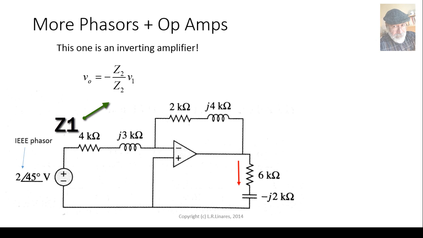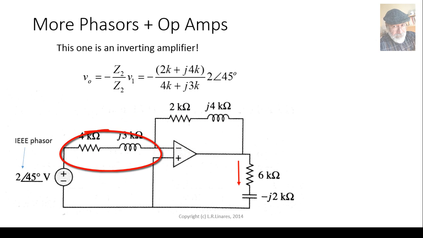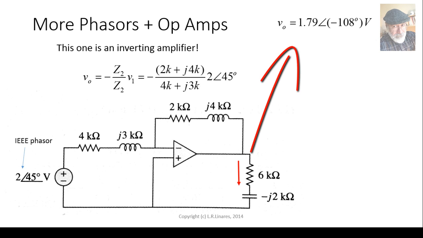Z2 over Z1. That is negative 2 kilo plus j4 kilo divided by 4 kilo plus j3 kilo, and that multiplies the input voltage, 2 volts at 45 degrees, and that's how we obtain that the output voltage V0 over here should be 1.8 volts at negative 108 degrees.